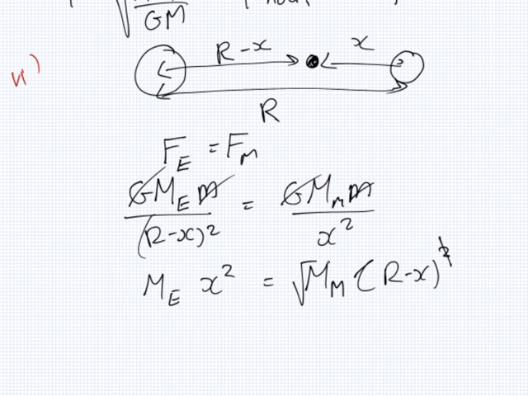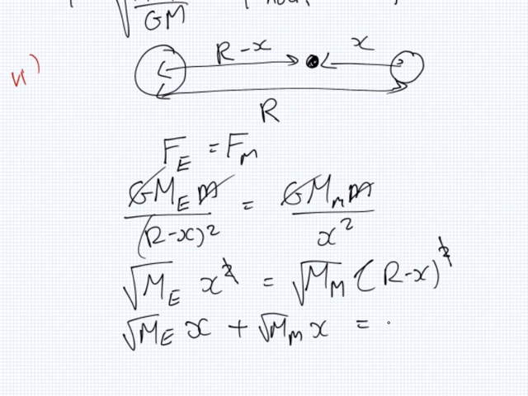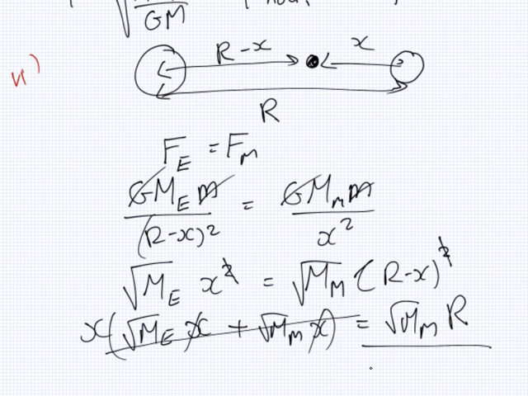So I have an x here and an x here. I should take that one to the left. So this one times x plus this one times x equals that times R. If I take the x out and divide, x equals R root mass of the Earth over root mass of the Earth plus root mass of the moon. Now I can work out the x.